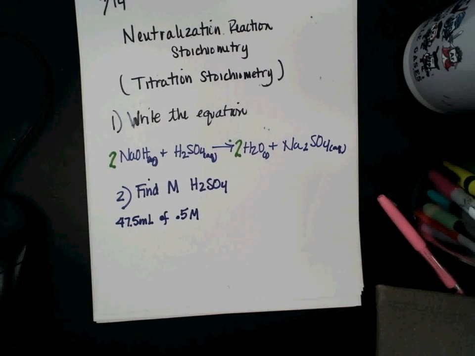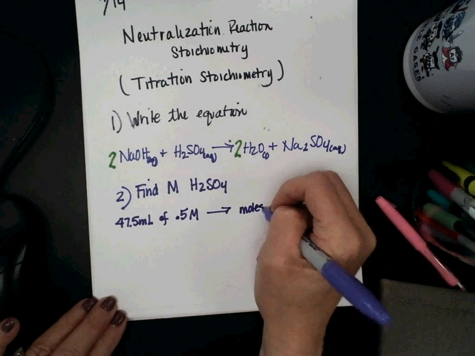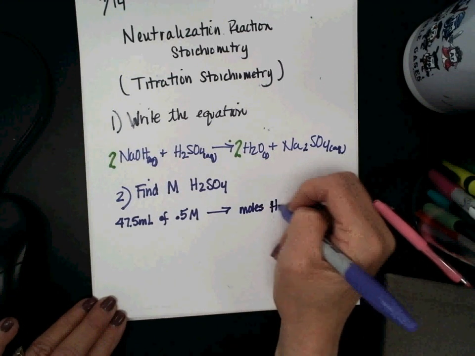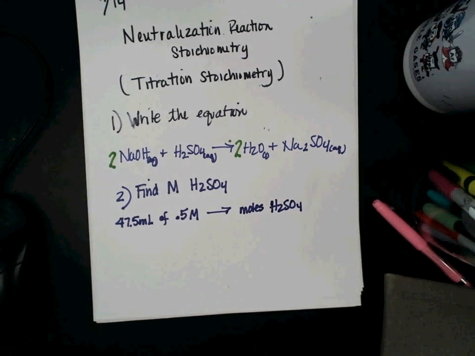So I guess the real question we need to find out is how many moles of H2SO4 are present. So do that. We have to work with our sulfuric acid because it's the only thing we have enough information about.